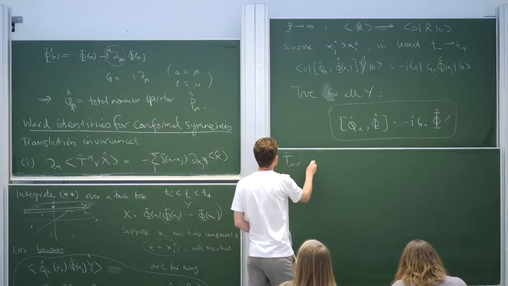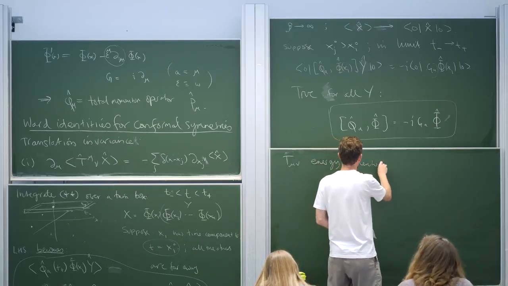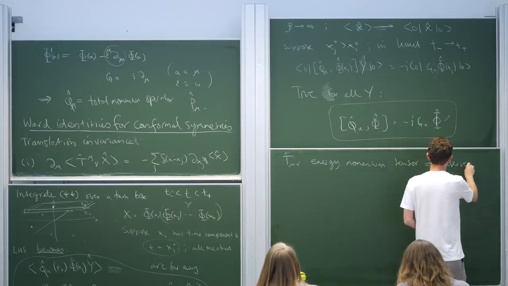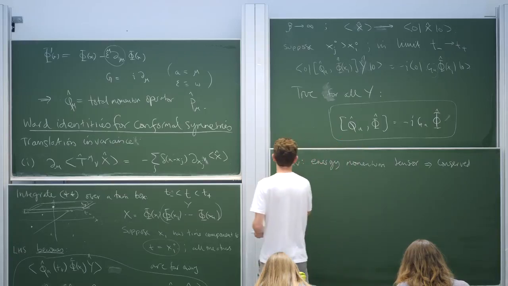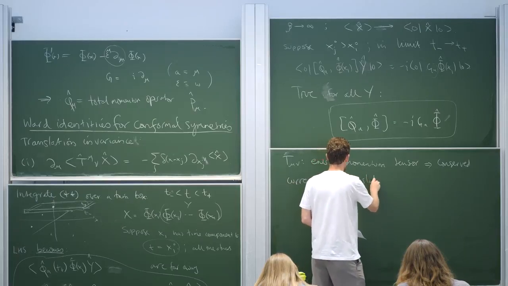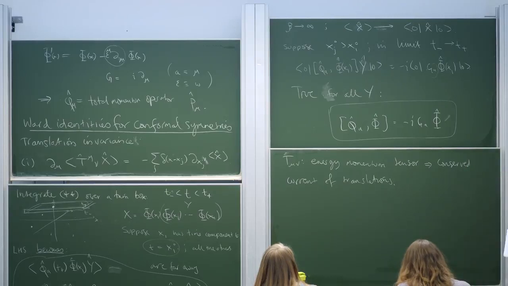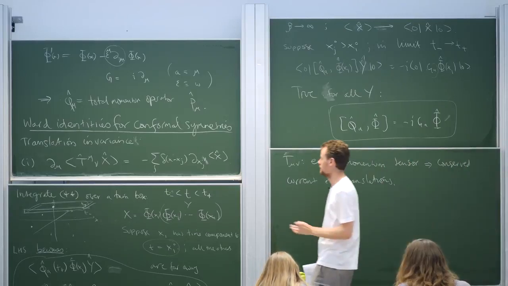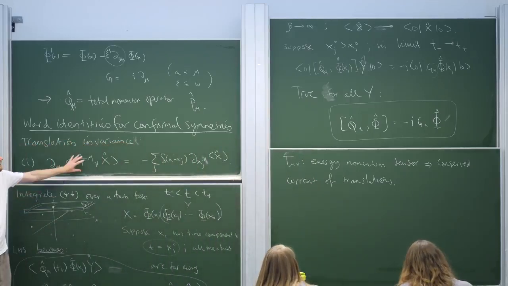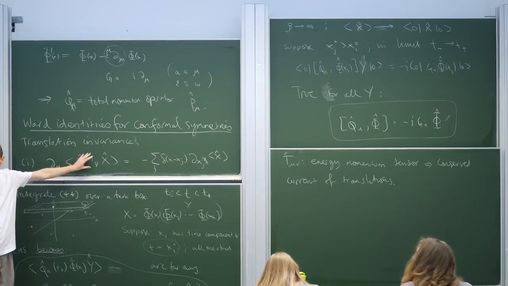So the energy momentum tensor plays a hugely important role in the study of symmetries of all physical systems, because you can express the conserved currents of all the symmetries usually directly in terms of the energy momentum tensor.